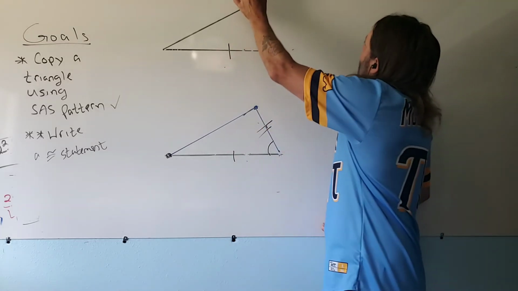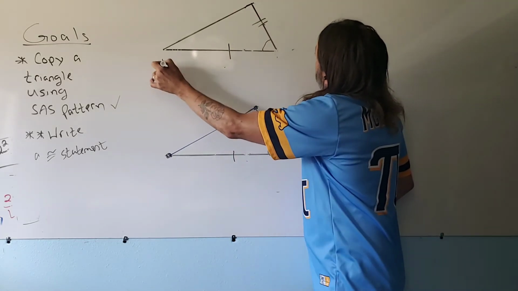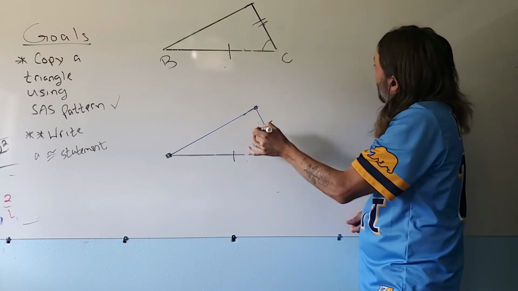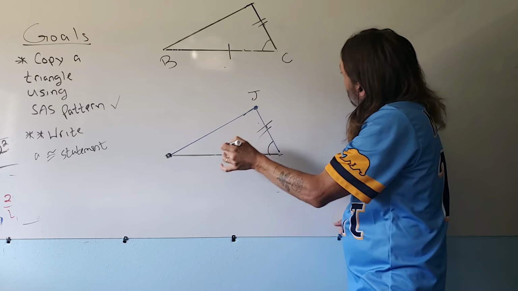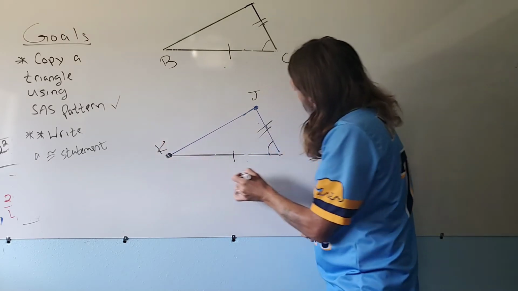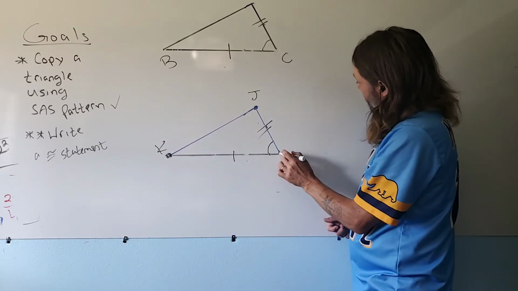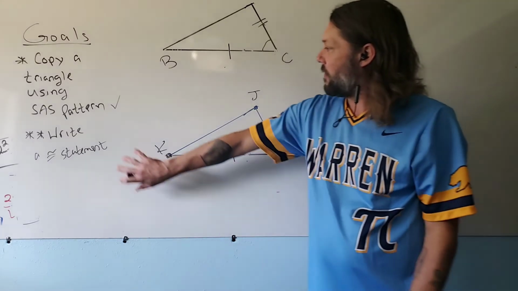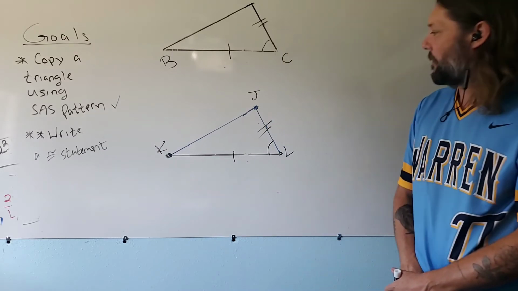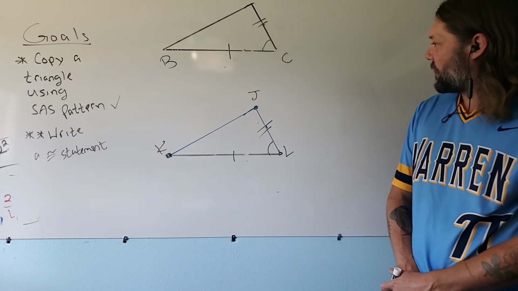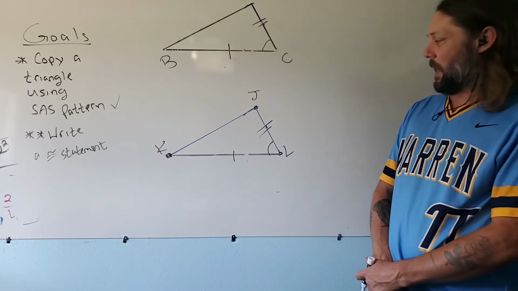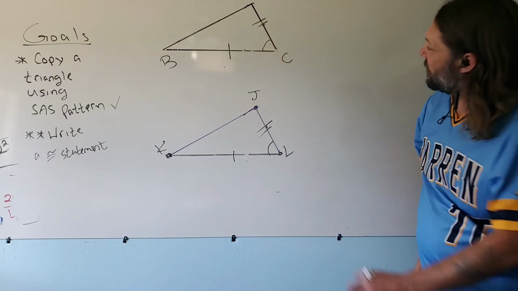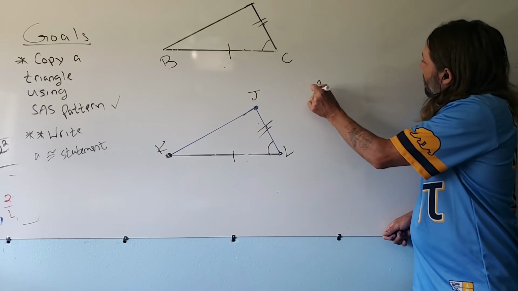So I'll call this angle A, this angle B, and this angle C. And then J, K, and L. Alright, so I'm going to do my second goal, and that's to write a congruent statement. Again, we have to match these things up. They have to be in the same position. So let's start off. I'll name this triangle: triangle ABC.